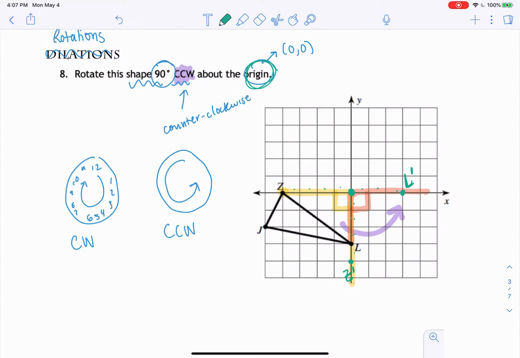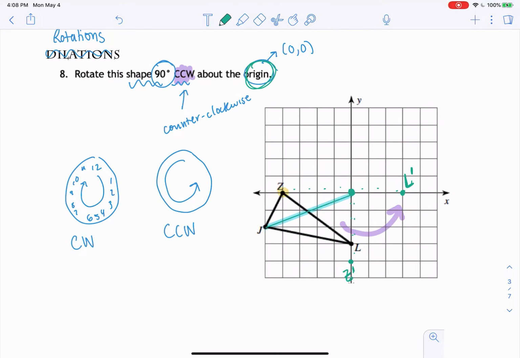For J, it's a little bit more complicated. So I'm just going to erase a little bit so that we have a cleaner slot. Okay, so from J here, how can we measure 90 degrees? Well, this one's a little bit more complicated because it's not on an axis.